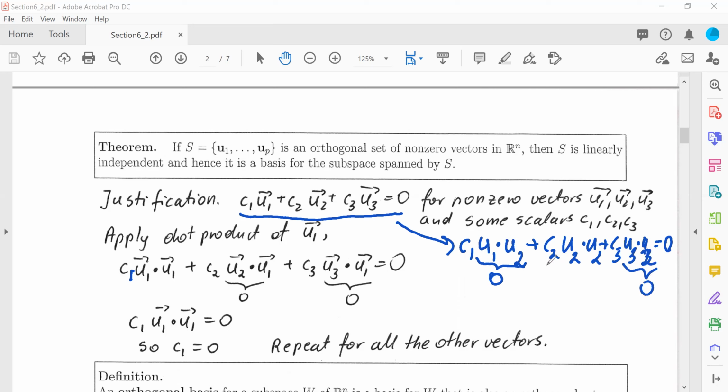So what we are left with is C2 u2 dot u2, which must be 0, and because this is a non-zero vector, u2 dot u2 cannot be 0. So in order for this whole product to be 0, C2 must be 0. So this is how we show it for all the other vectors. I have C2 equals 0, C1 equals 0, and I repeat exactly the same, taking the dot product with u3 to get C3 equals 0, and so on.